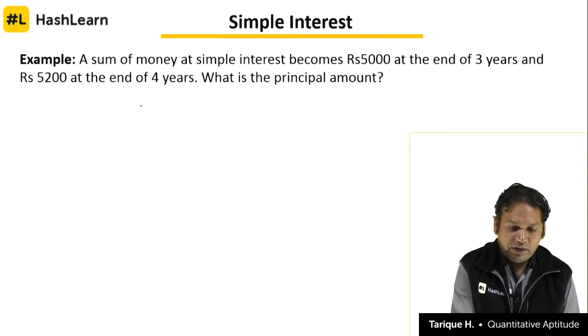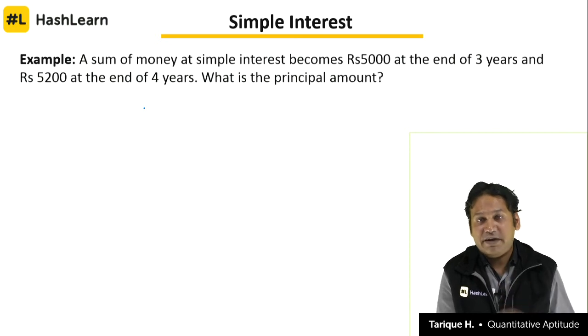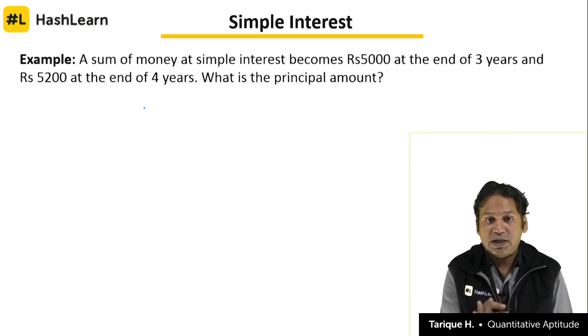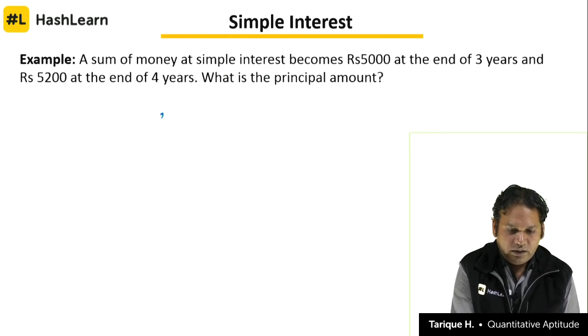So look at this, understand this, very simple. We are not going to use the formula of simple interest PTR by 100. Just by understanding the logic, understanding the concept, we will solve. At the end of 3 years, the amount was 5000.